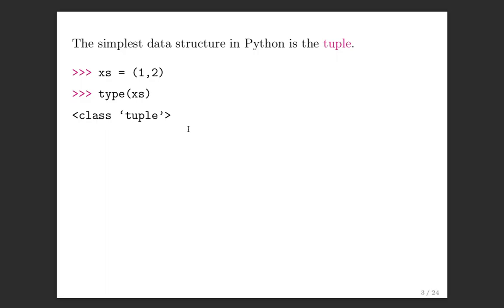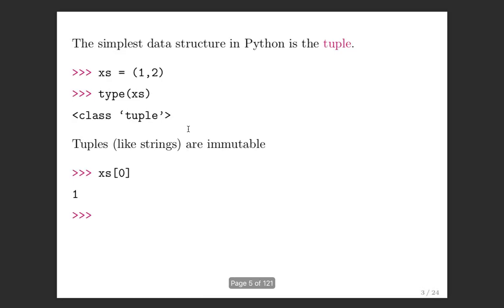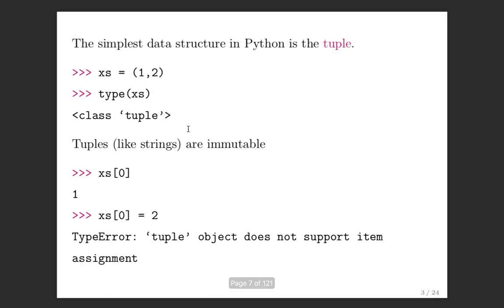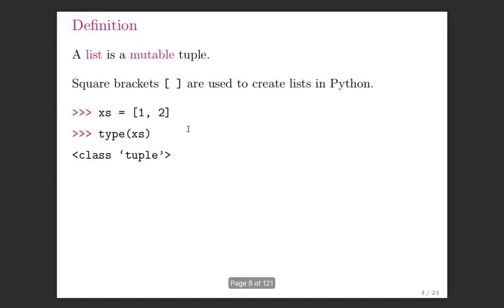Python tells me that the type of this is a tuple. As I said, tuples are immutable. If we ask for the element at the 0th index, that's going to give us 1. And if I try to change the element at index 0, I'm going to get an error. So tuples, like strings, can't be changed.